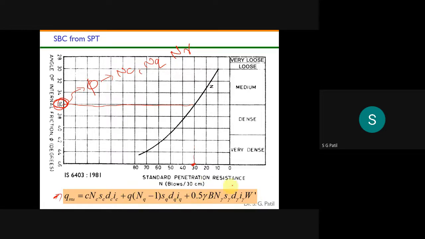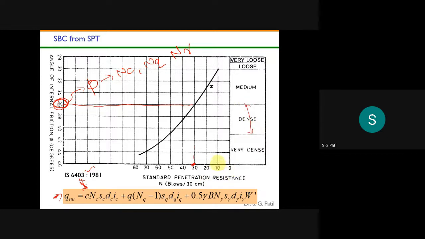This is again from IS 6403. This chart is also available in IS 6403. Once you get the corrected N value, take it, come here, and pick the phi value. Suppose your corrected N value is 30, then the soil is called a dense soil.